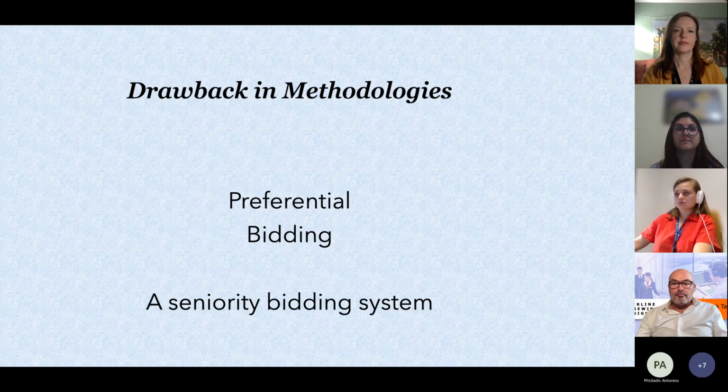So some of the drawbacks that I have experienced in these methods, preferential bidding, I think it encourages motive bidding. Others may choose day trips. Some people look for high-paying allowances. Others look for climate because they've got special activities they wish to undertake.